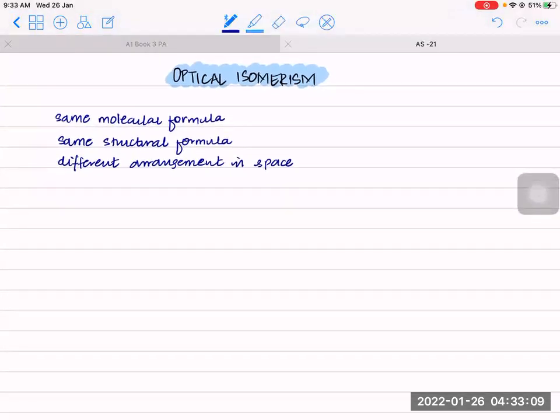Now, for cis-trans, the criteria was you needed a carbon-carbon double bond. The criteria for optical isomerism is, so let's see, for this also 2 criteria must be met. And what are the 2 criteria?